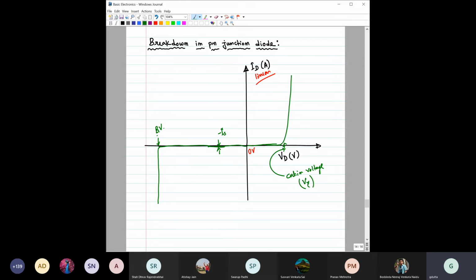Now why is that breakdown happening? To explain it briefly, we can again represent this diode using this box symbol. You know that this is a depletion region. When the diode is not biased, there is an electric field, and this will be the polarity of these immobile charges, and in this depletion region this would be the value of the electric field.